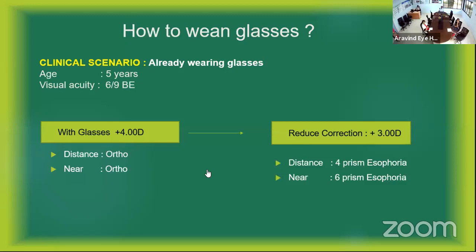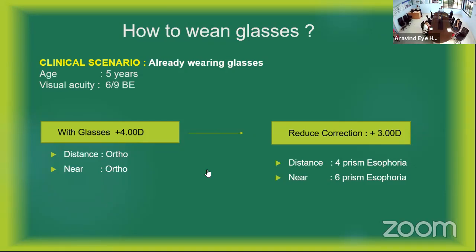You reduce the correction and see. You might reduce 0.5 or you might reduce +1 and see how the ESO behaves. As you see here, there is a slight increase in the ESO. It has manifested as a phoria, 4 prisms for distance and 6 prisms for near.